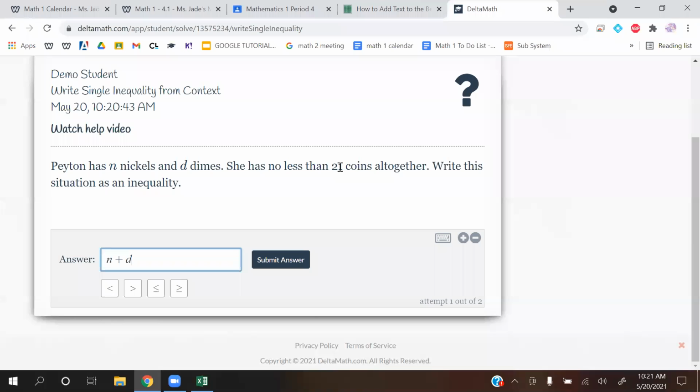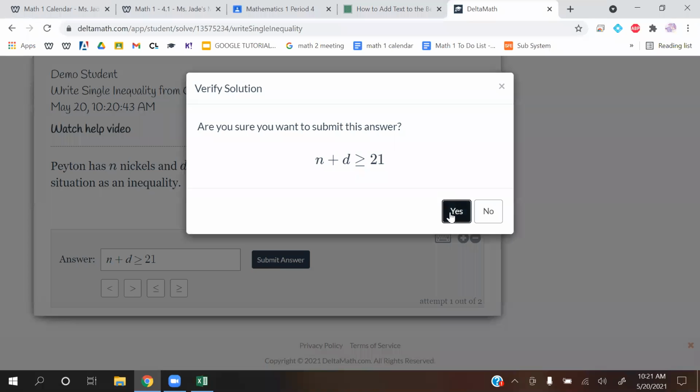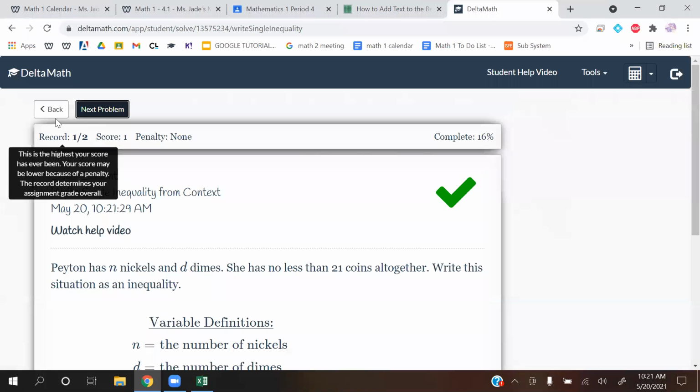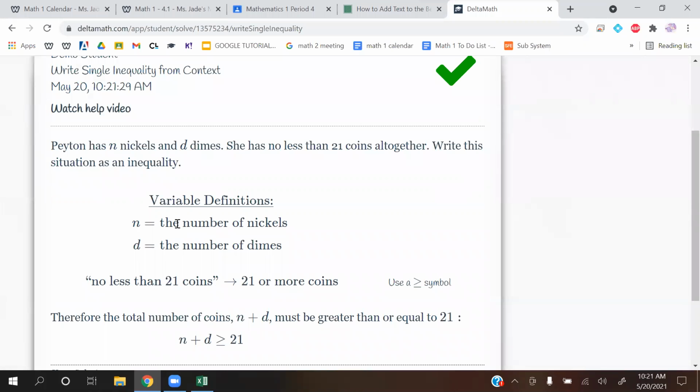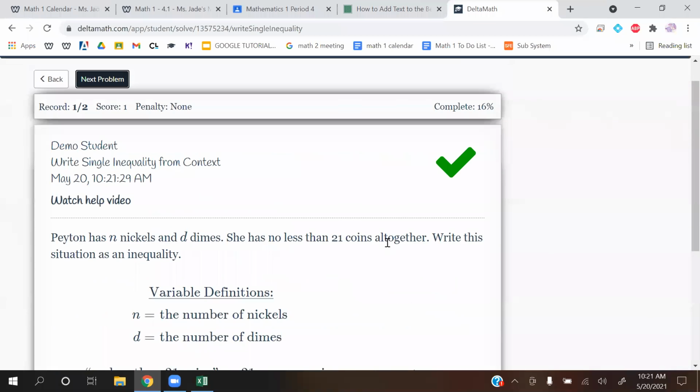That means not less than, which means greater than or equal to. N plus D is greater than or equal to 21, because it's no less. So you want greater than or equal to. It means 21 or more if it's no less, so we use greater than or equal to.